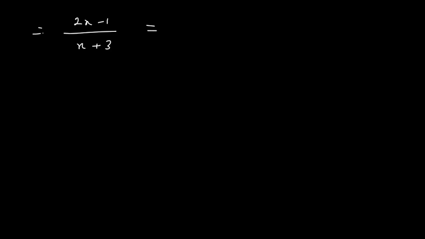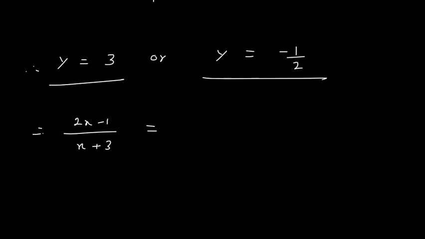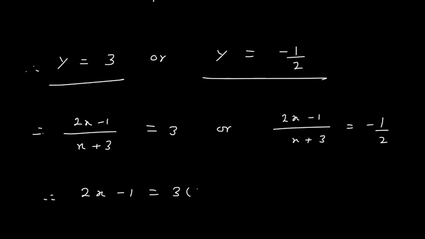So therefore the value of 2x minus 1 upon x plus 3 is 3, or its value, that is 2x minus 1 upon x plus 3, its value is minus 1 by 2. So therefore we cross multiply, we get 2x minus 1 is equal to 3 into x plus 3, or here we get 2x minus 1 into 2 is equal to minus 1 into x plus 3.